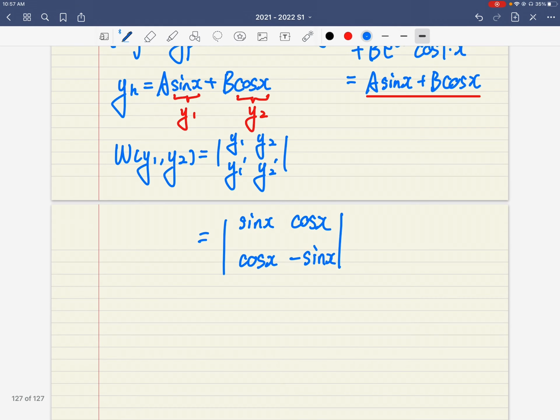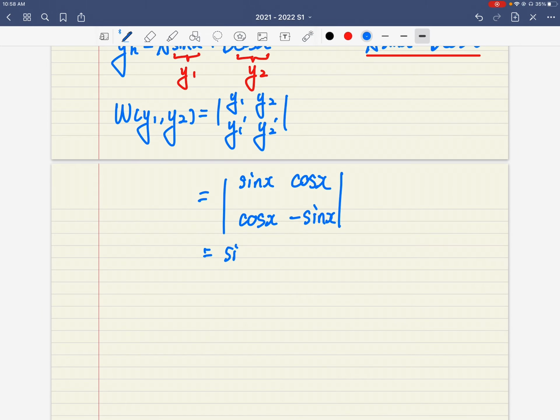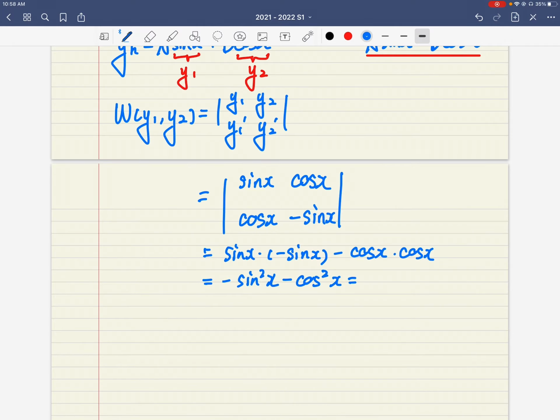The determinant is just this diagonal's product minus the other diagonal's product. So it's sine times negative sine minus cosine times cosine, so it's negative sine squared minus cosine squared, which is negative 1.